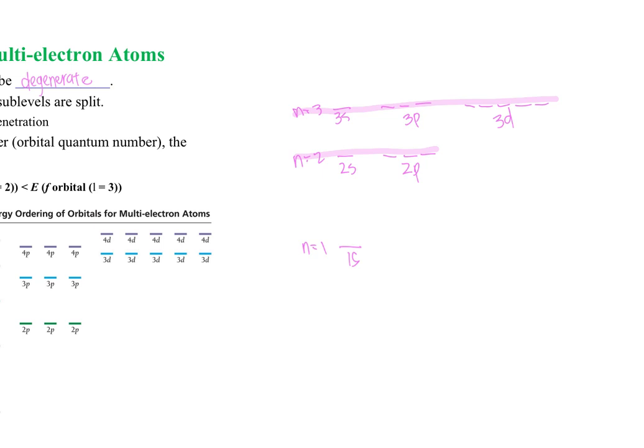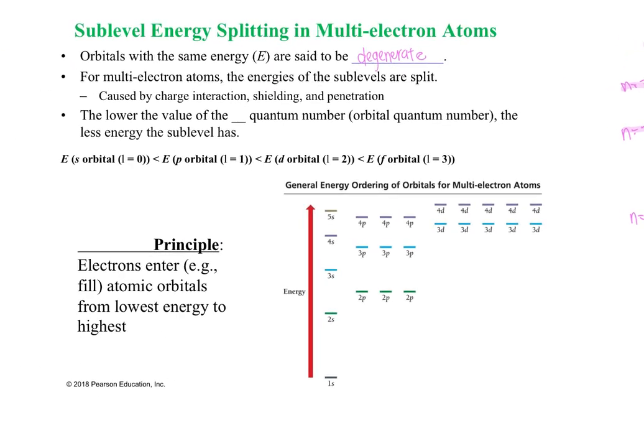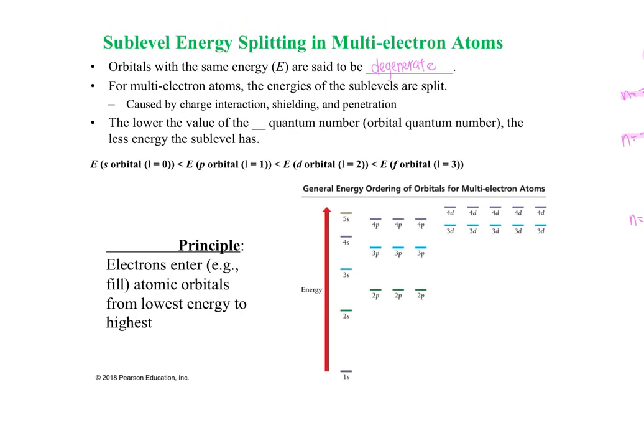Now, this is only the case for single electron situations, like hydrogen. There's only one electron, it can bounce wherever it goes. It doesn't have to deal with any interactions with other electrons. But once we get to any other type of atom that has multiple electrons, the sublevels start to split.